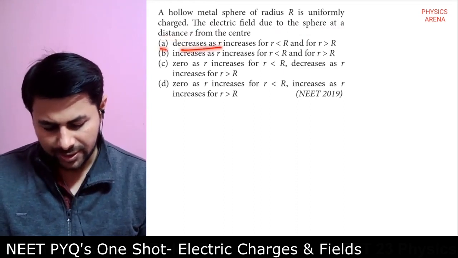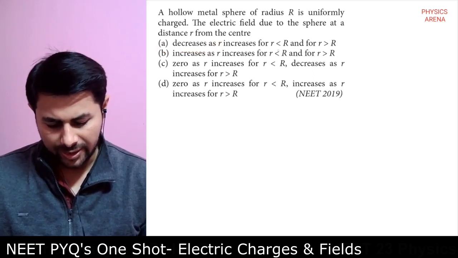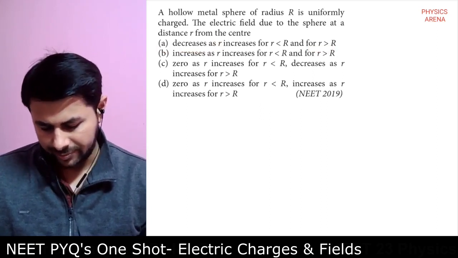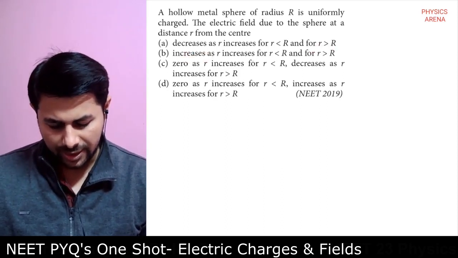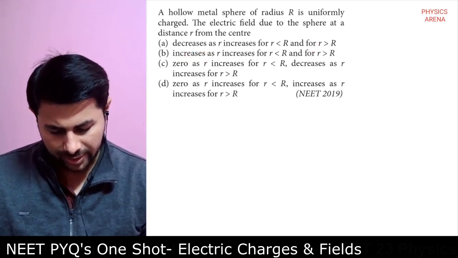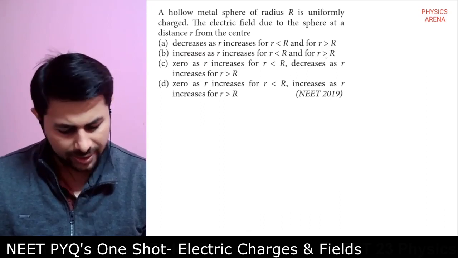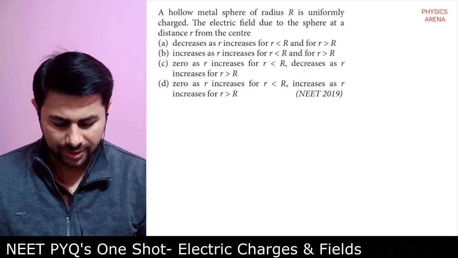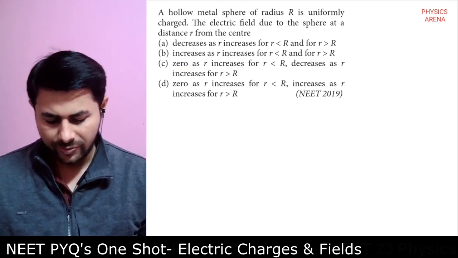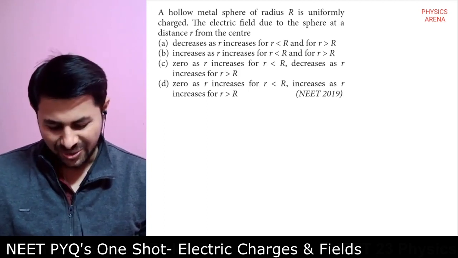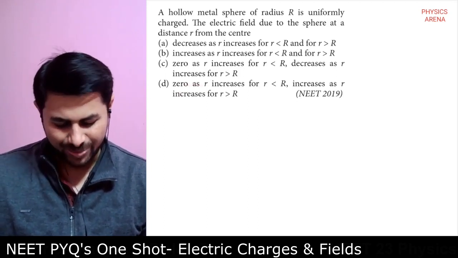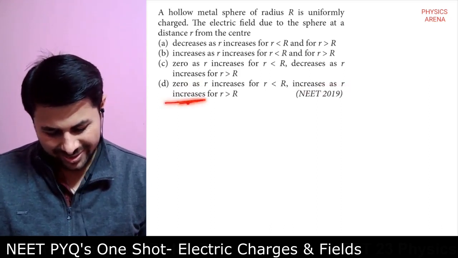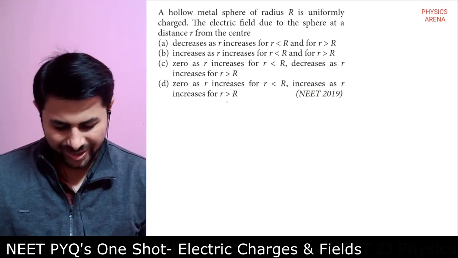Option A decreases as r increases for r less than R and for r greater than R. Option B increases as r increases for r less than R and for r greater than R. Option C is 0 as r increases for r less than R, decreases as r increases for r greater than R. Option D is 0 for r less than R, increases as r increases for r greater than R.